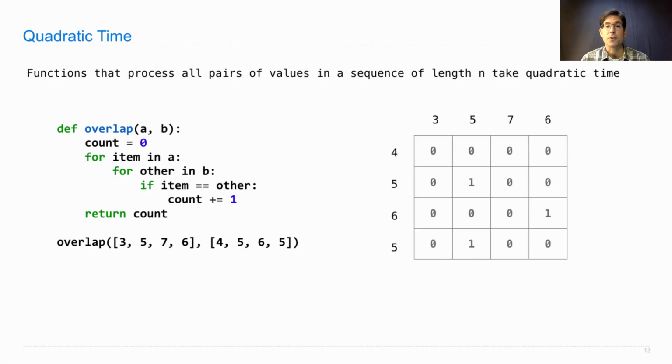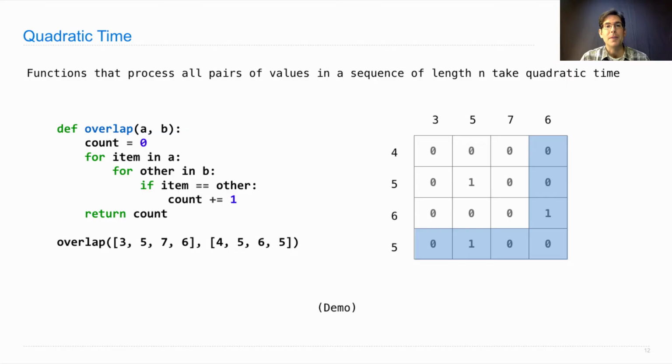To compute this result, overlap compares all pairs of an element in A and an element in B. And that's a quadratic amount of work based on the input length. Here the input length is 4, and the amount of comparisons is 4 times 4, or 16. The amount of extra work required to process a length of 4 versus a length of 3 is this whole row.